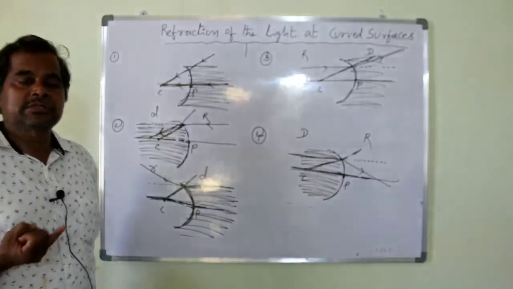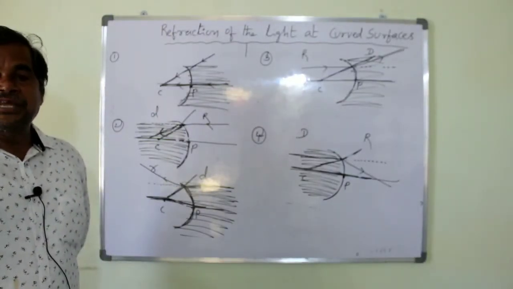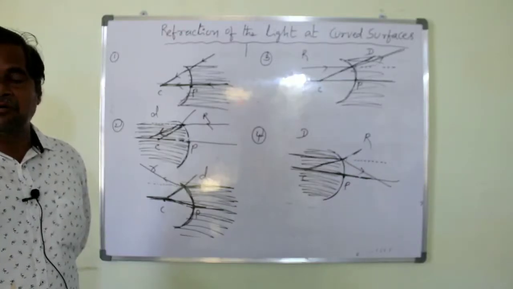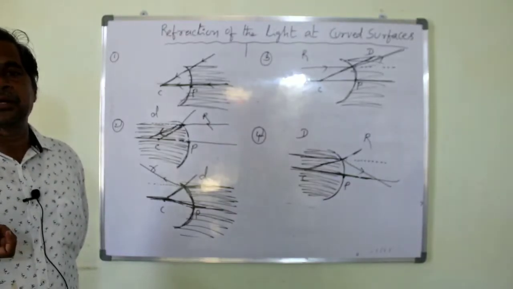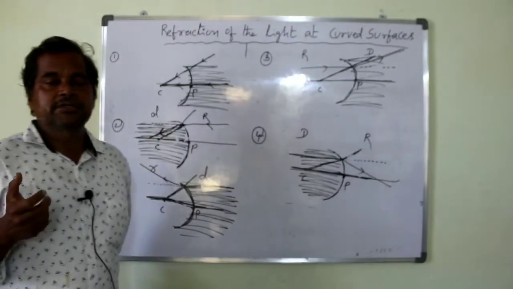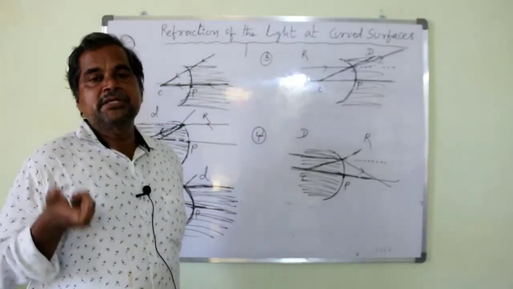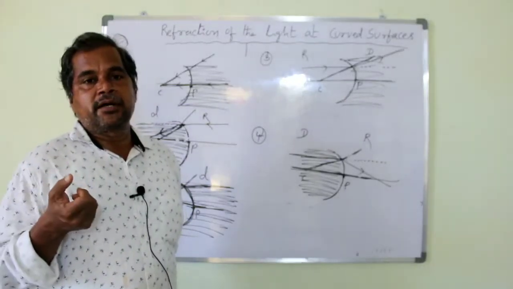So now we are going to discuss how the image of any object which is placed in a curved tumbler or curved beaker of water appears big, so that the image is formed bigger.